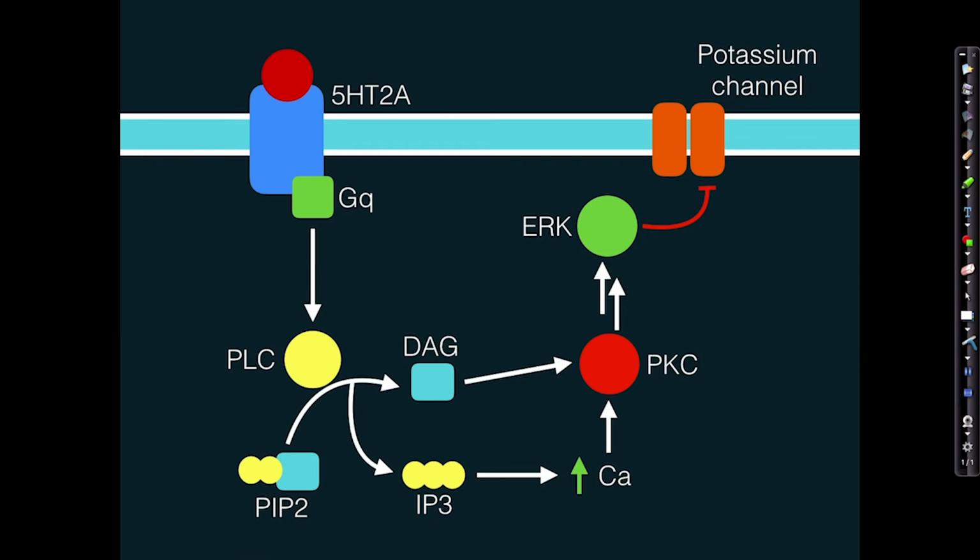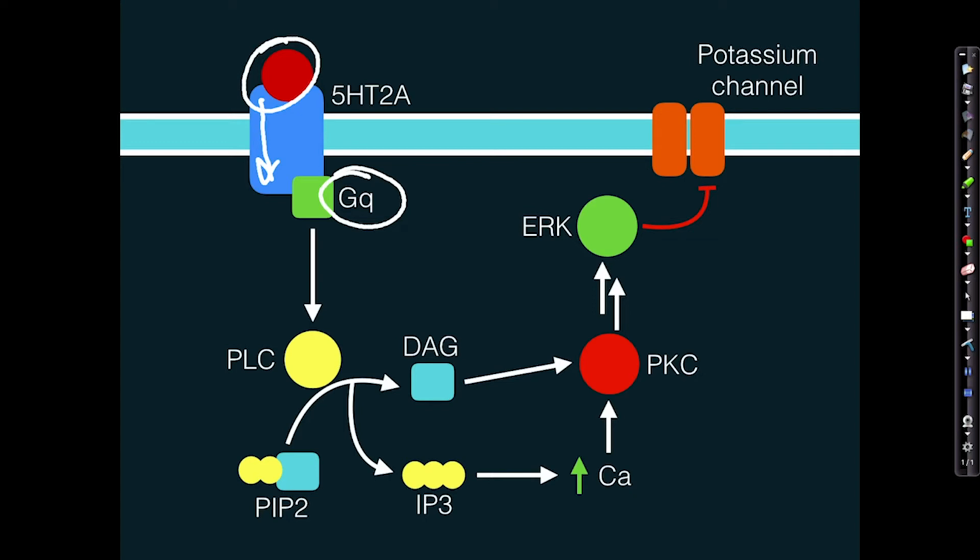So we discussed this simplified signaling pathway for the 5-HT2A receptor. The ligand binds the 5-HT2A receptor, causing a conformational change, and it interacts with this protein here called GQ. I'm going to emphasize GQ now. This is an important G protein.